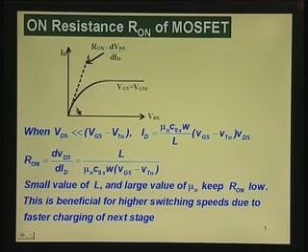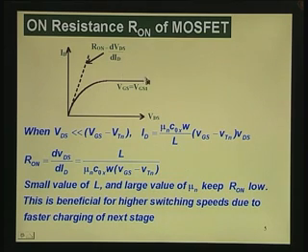So, on what does this on resistance depend? We want to keep it minimum. Any resistance, any capacitance should be kept to a minimum. That means the slope should be as steep as possible. So, it is governed by certain equations of the MOSFET. This portion of the MOSFET characteristics is called the linear region.